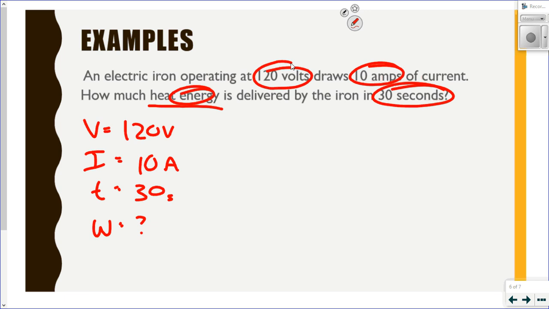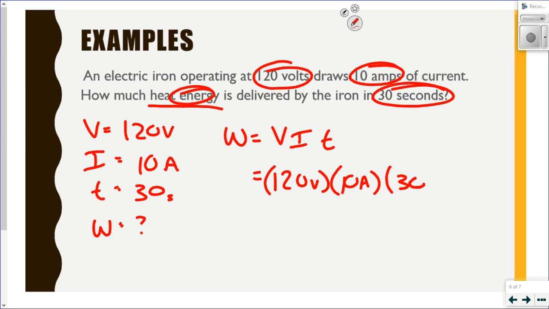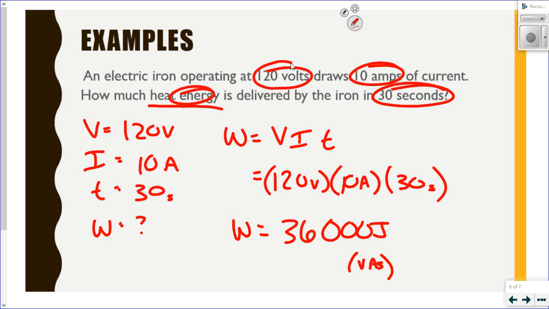So I'm going to use our work equation that has V and I in it, VI, and I'm going to multiply it by our time to get a nice value. So 120 volts used at 10 amps for 30 seconds will give us the total amount of energy I'm using in that time, and that will be 36,000 joules. Again, remember, joules is our unit for work. You also could have said volts, amps, seconds, which is the same thing, but this is just simpler.